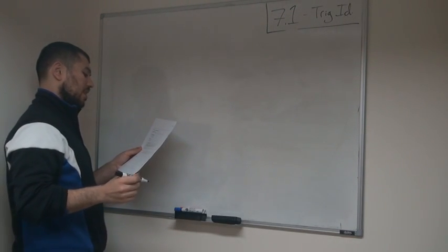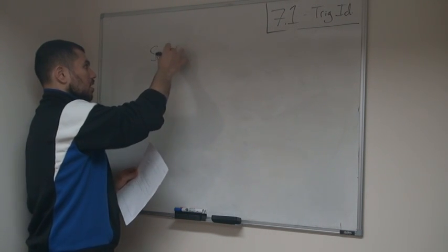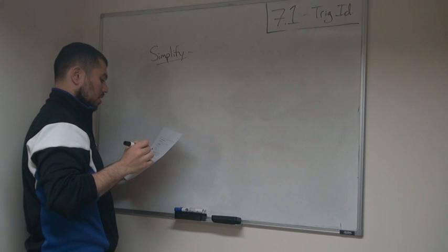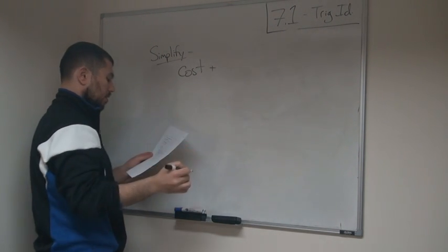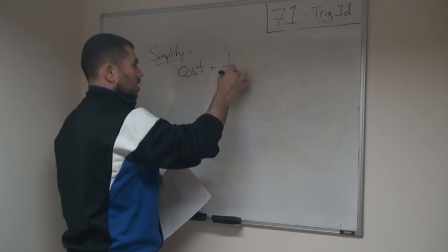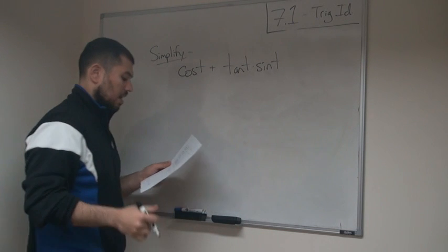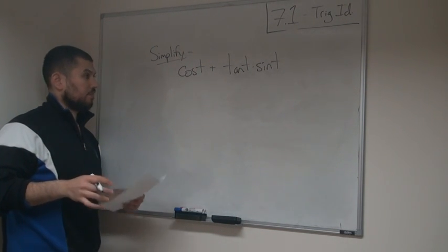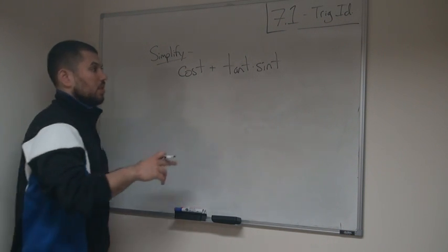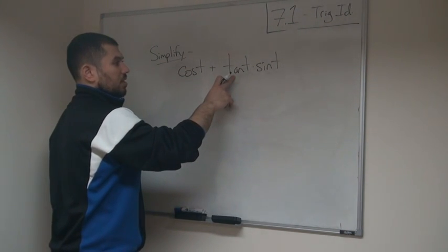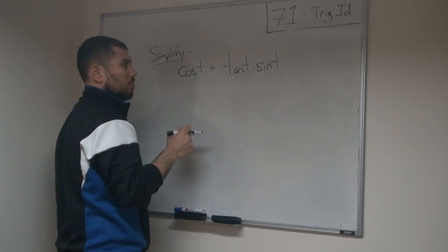So if I want to simplify cosine of t plus tan t times sine t, how am I going to go about doing it? Well, sometimes it's useful to convert tangent to its reciprocal function form.